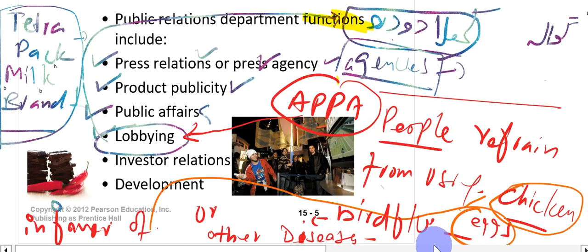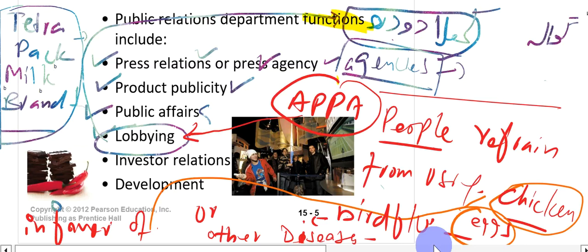Eggs have good proteins for children and older people. Chicken should be used by every family or every person twice a week, and chicken is very healthy, and so on.